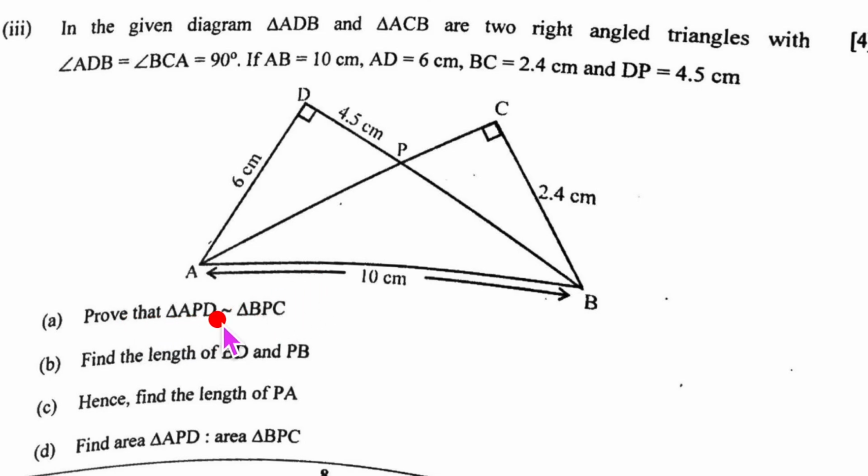We have to prove that triangle APD, that is APD, this one, and BPC, they are similar. And we have to find the lengths of BD and PB, and then hence we have to find the length of PA, that is here, and we have to find the area of triangle APD is to triangle BPC, and it's a 4-mark question.